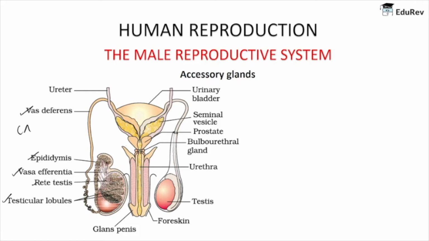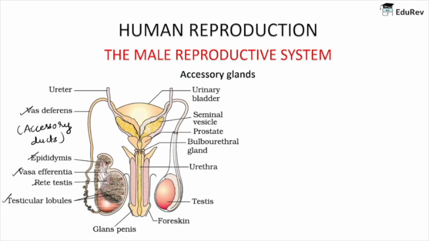These are the accessory ducts through which the sperm has traveled just now, according to what we have studied. Now the sperm has entered the vas deferens. Now from the vas deferens, it will move through the area of the urinary bladder, as you can see in this image.